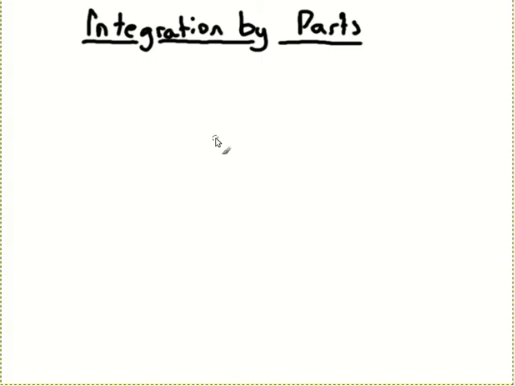Okay, welcome to another presentation on integration by parts this time, and I want to start off by proving to you the by parts formula. Now, it really comes from the product rule just rearranged.